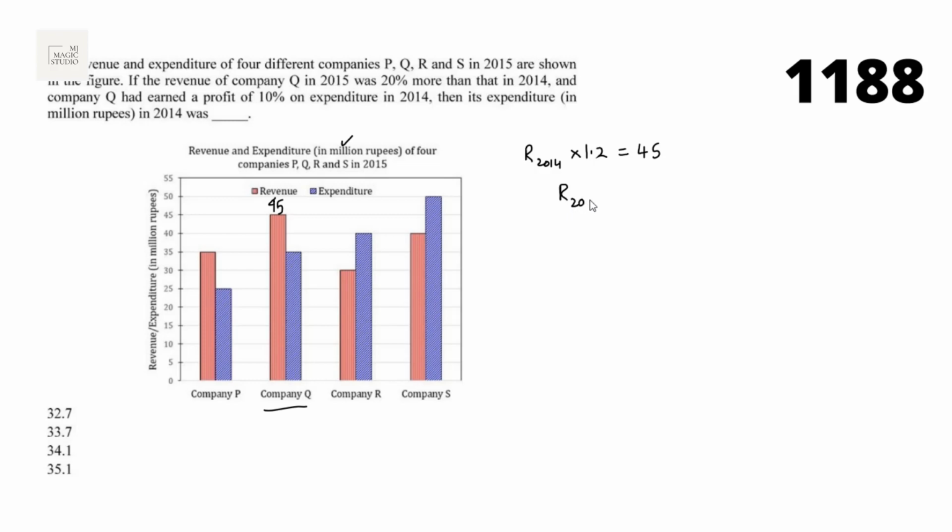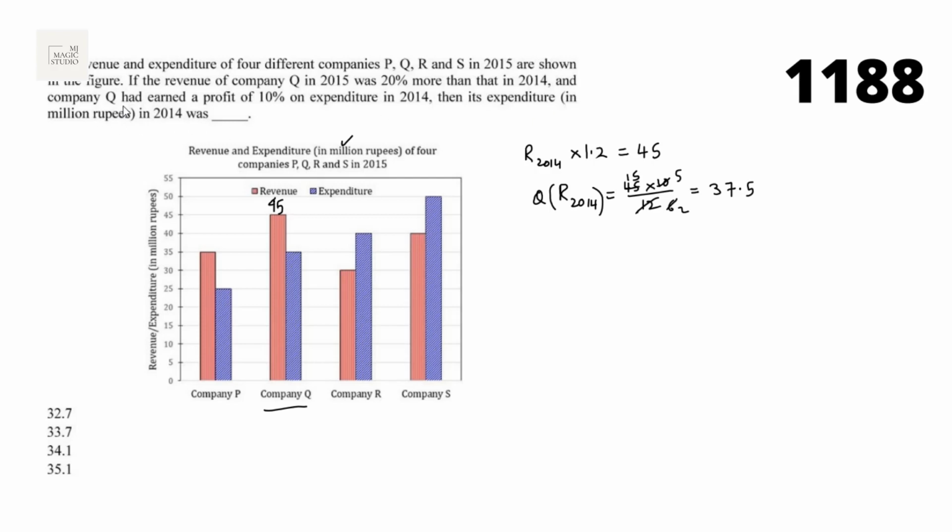So I can have the revenue in 2014 for company Q as 45 into 10 by 12, that is 37.5. 37.5 was the revenue in 2014.